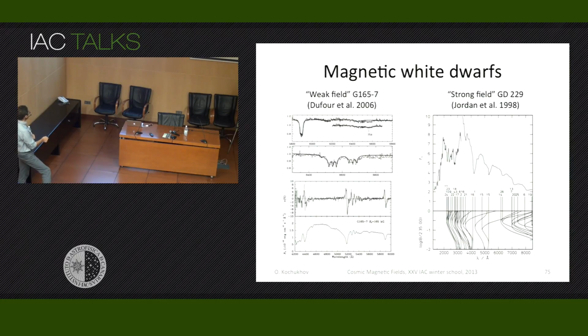If for instance the field is somewhere here, then part of the surface has one field, another part has another field, so the spectrum is very smeared because of different shifts. But here the spectrum would not be smeared, because a change in field strength does not correspond to a large shift of the Zeeman component. So there is this concept of stationary Zeeman components, and presumably these narrow features correspond to such stationary Zeeman components.